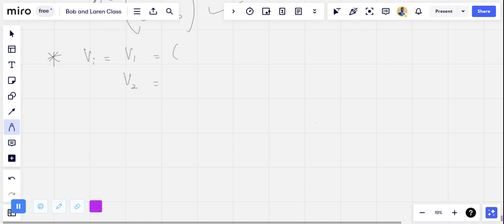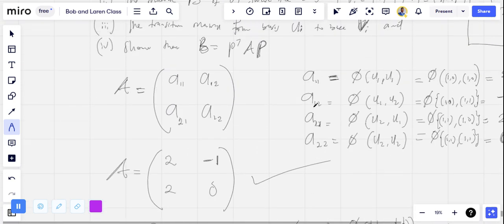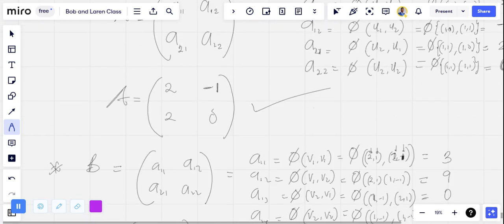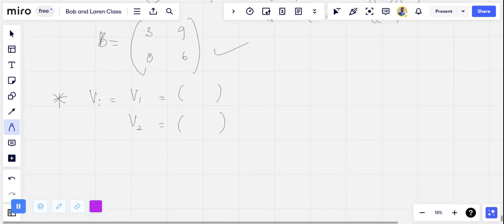So for V1, what are we going to have in that case? Let's check the question again. It says from basis Ui to basis Vi.